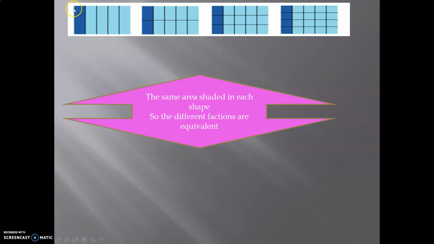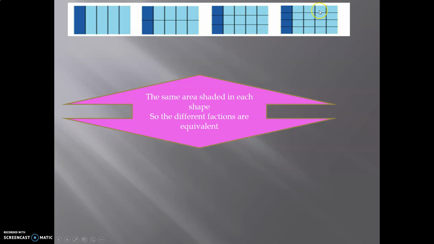If I want to color the same column, I color 2 out of the 10 in dark blue. Here, the same rectangle, and I want to color the same area in dark blue. So now, in this shape, I need to color 3 out of 15 to make it dark blue.